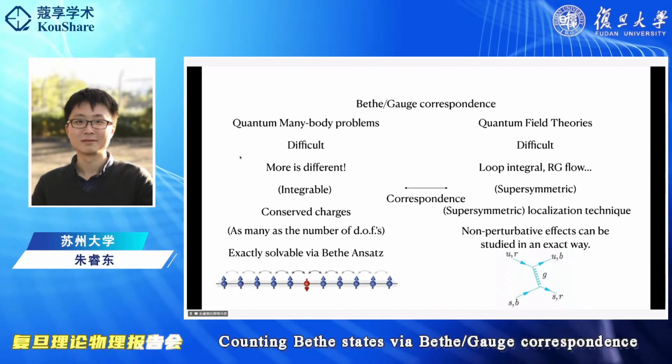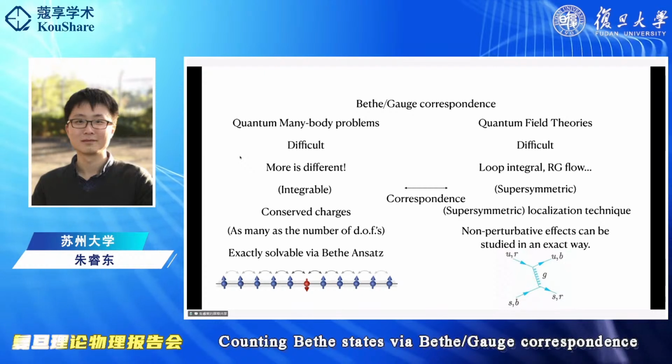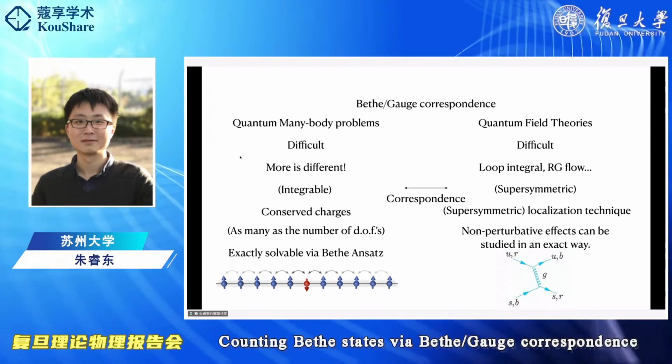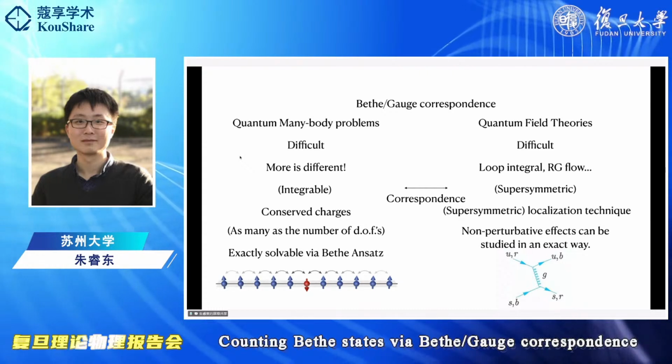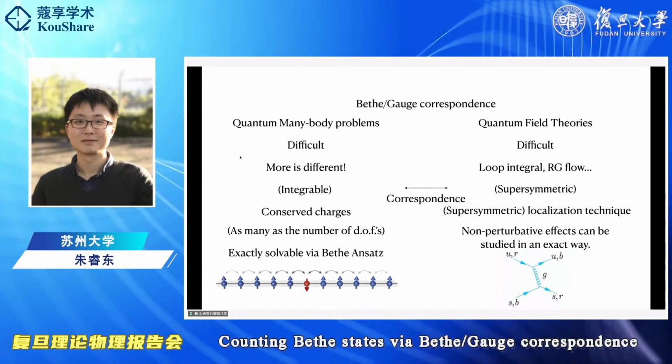So what I would like to show you is, first, how this kind of correspondence holds. And then I would like to show you how the technique on one side may help to solve some difficult problems on the other side. So we have two systems that are exactly solvable, but we are using different techniques to solve them.